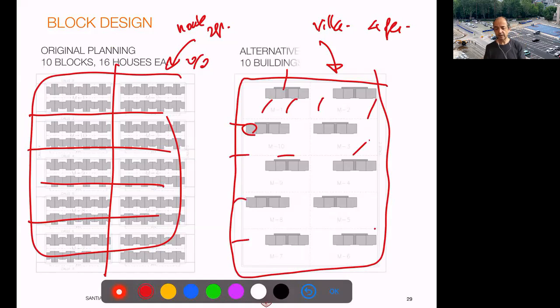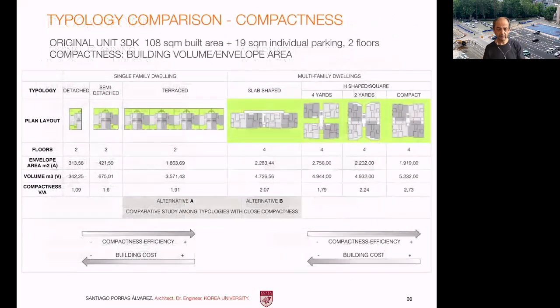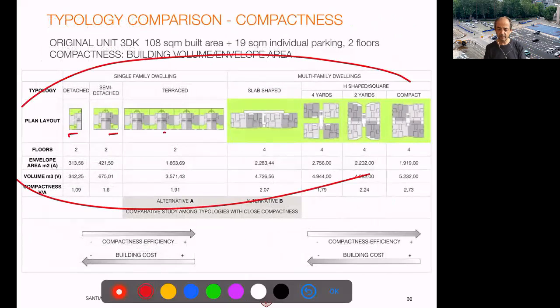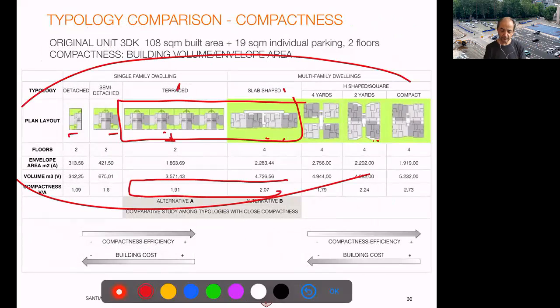And of course, in all cases it is 16 or 160. So we compare different typologies for one family house and for multifamily, and we chose the ones which were closer in terms of orientation, sun, north, south, and also in terms of volume related to surface area and the facade, so they were easier to compare. The most compact block has much better compactness.